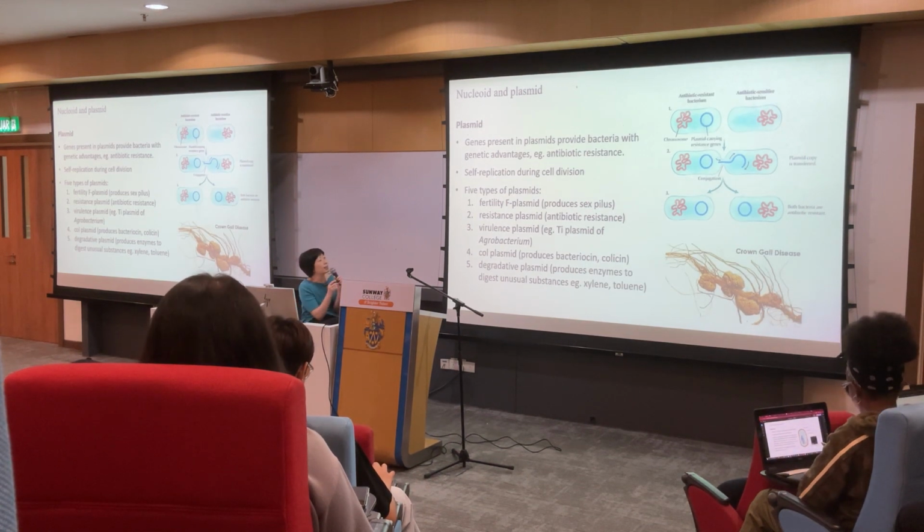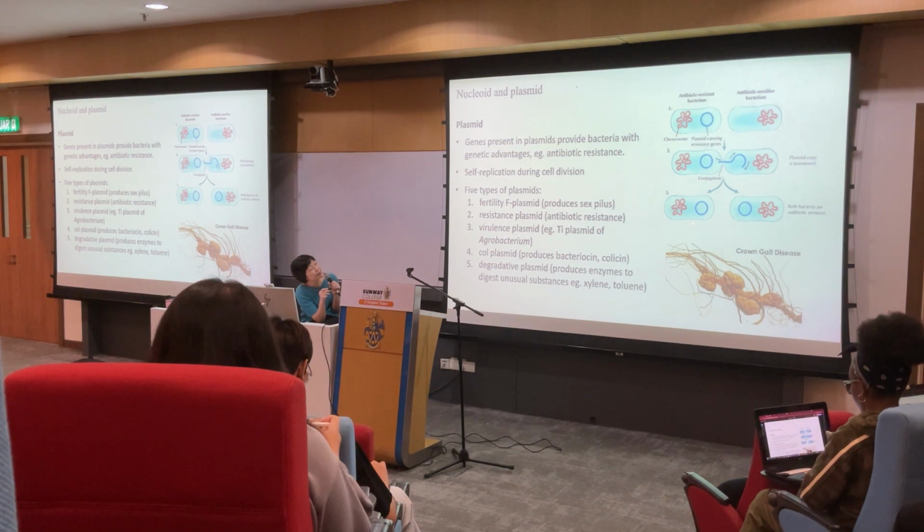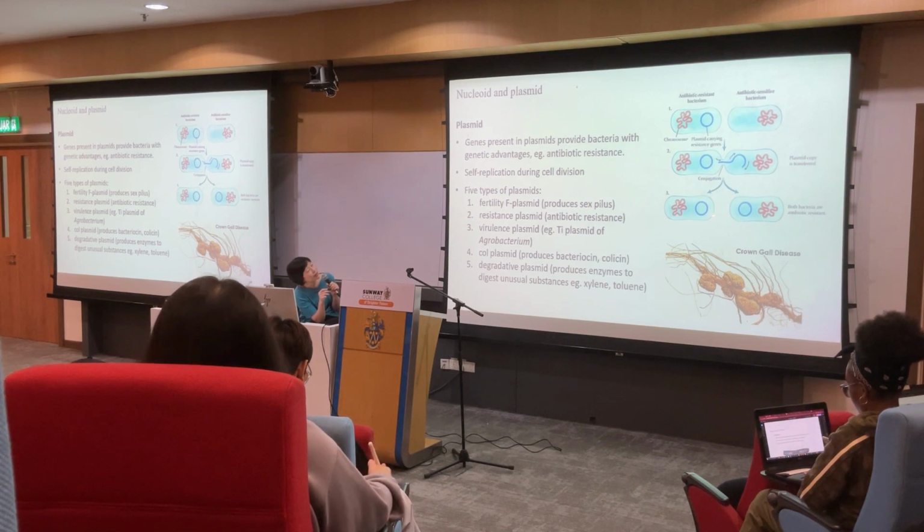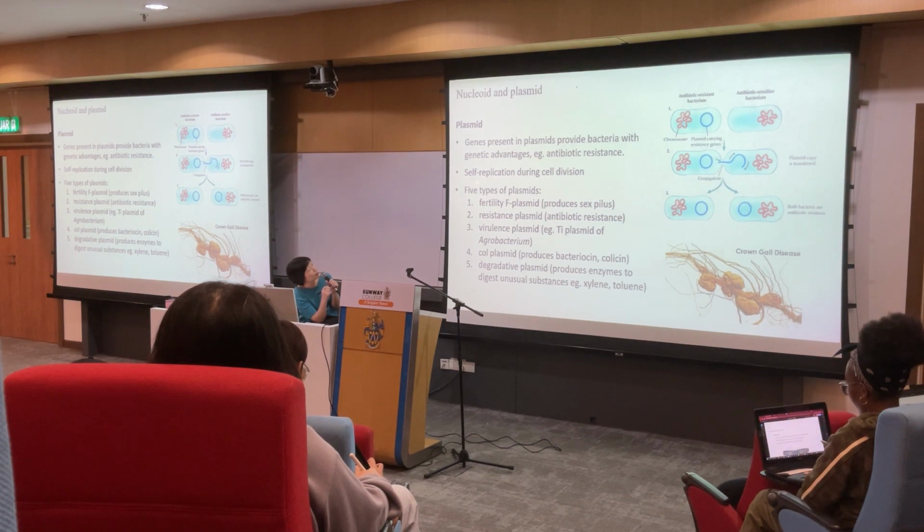Plasmids, as I mentioned, can be passed from one bacterium to another if they give an advantage for the bacteria to survive, depending on what is coded on the plasmid. There are 5 types of plasmid here.